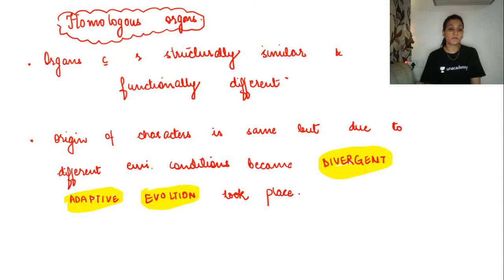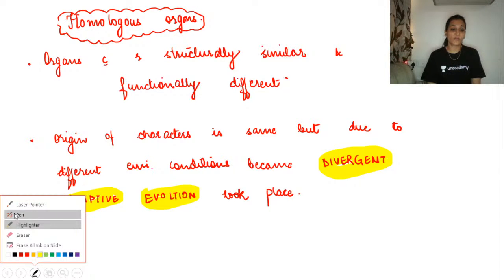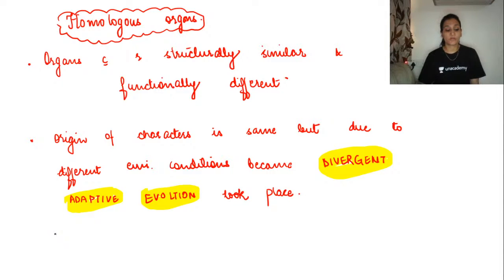Now, if we are talking about homologous organs, let us also talk about the examples of homologous organs. Forelimbs of mammals, which are modified into wings, for holding the parts, and locomotive organs of some of the mammals, are examples of homologous organs. So we can write forelimbs of mammals.